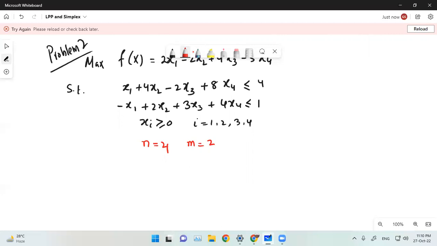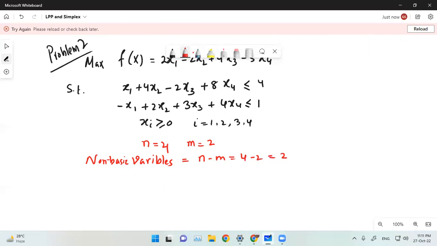How many variables do we have to set to 0? Those variables, which you can also call non-basic variables, number n minus m, that is 4 minus 2.